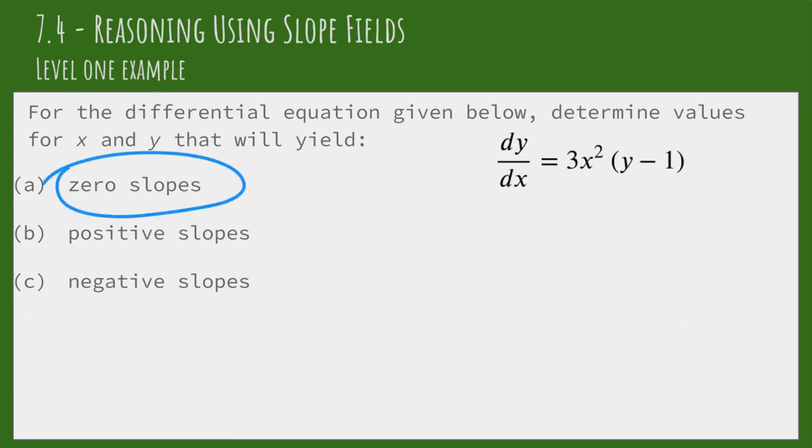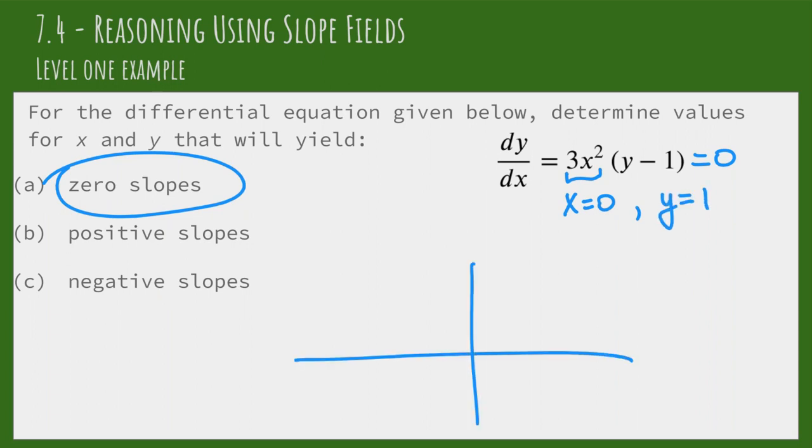We're going to have zero slope where the derivative is equal to zero. So to get that, we're essentially just going to set it equal to zero. And so we should see slopes that are zero when x is equal to zero and when y minus 1 is equal to zero, or y equals 1.